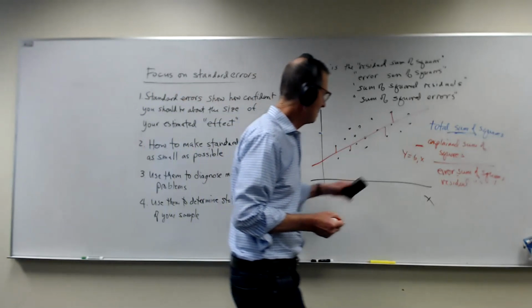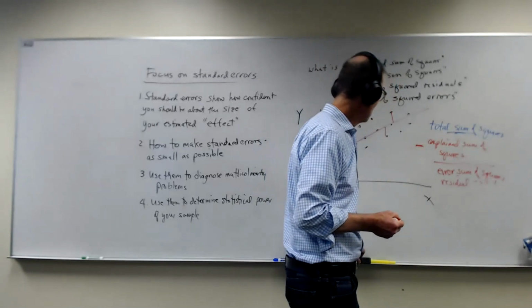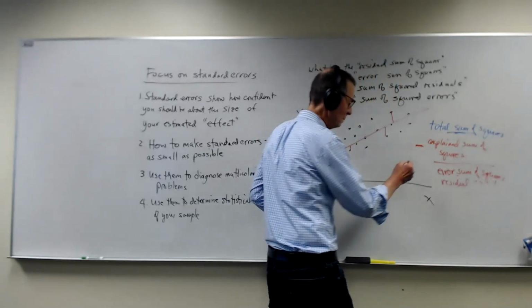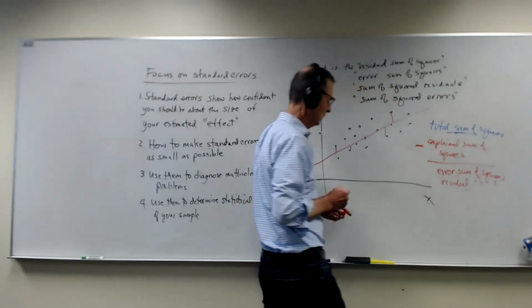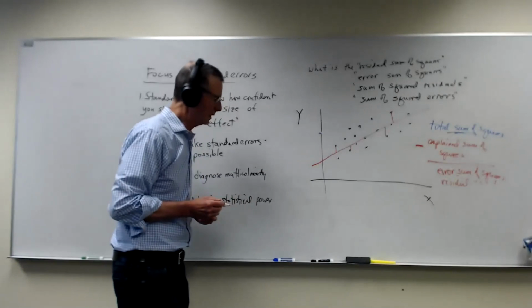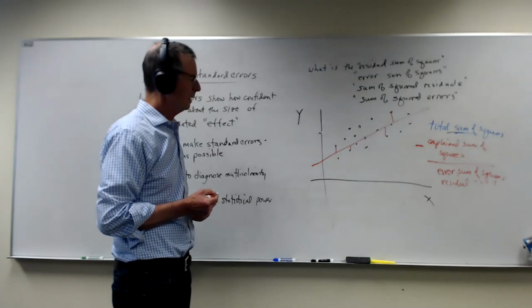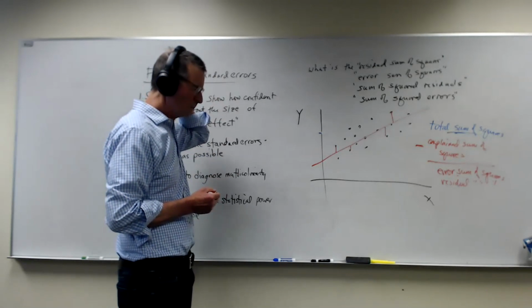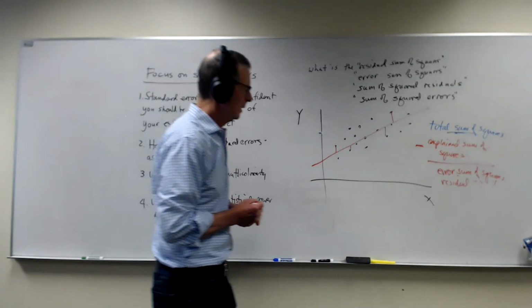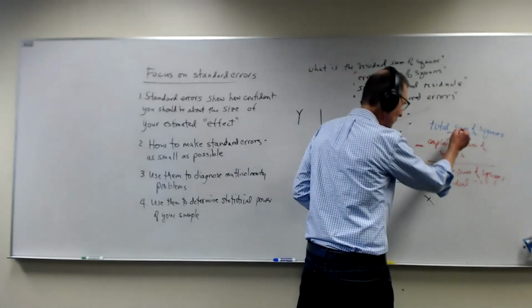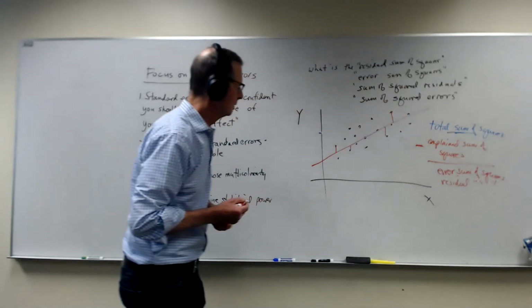So we've given it our best shot in this regression by estimating the best fitting linear relationship. We still have some ways to go, but the error sum of squares is definitely smaller than the total sum of squares.